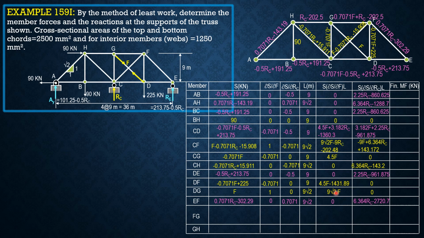Then for the yellow ones, adding 34.456 F minus 9 RC minus 1634.37 times 1000 square over area 1250 E equals 0. So simplifying, combine F: 9 times 1000 square over 25 plus 34.456 times 1000 square over 1250.